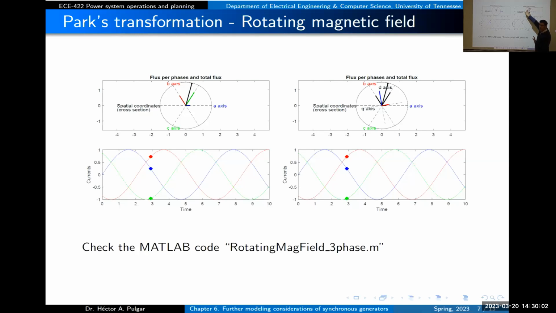So that will create a lot of simplification. Instead of having signals that are changing in time to create this rotating magnetic field, we will have constant flux along the D and Q axes. As the rotor is changing, then we will have the same rotating magnetic field.